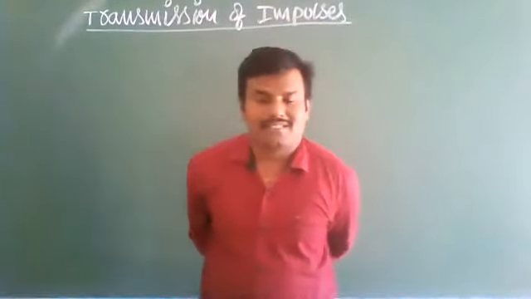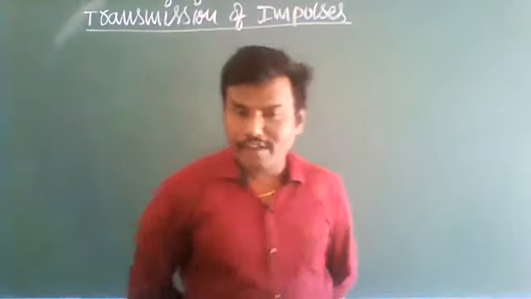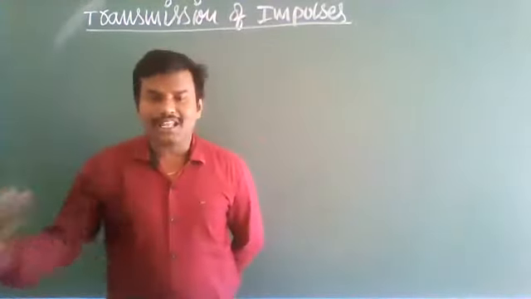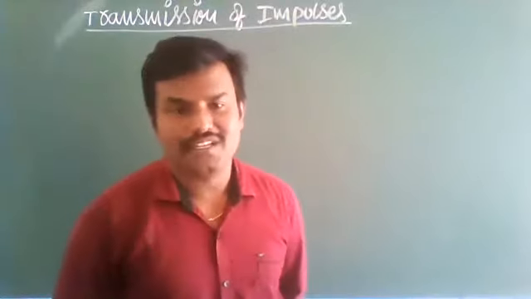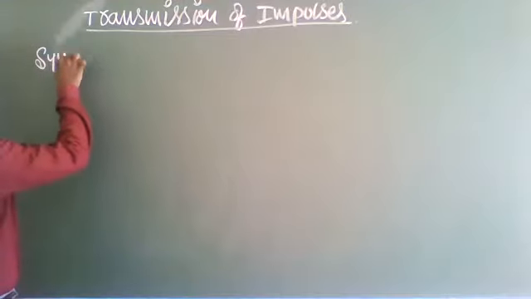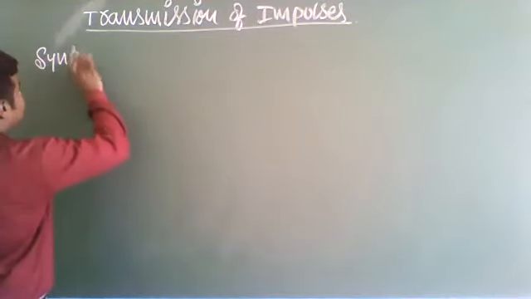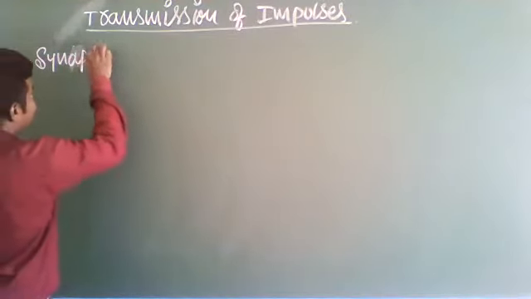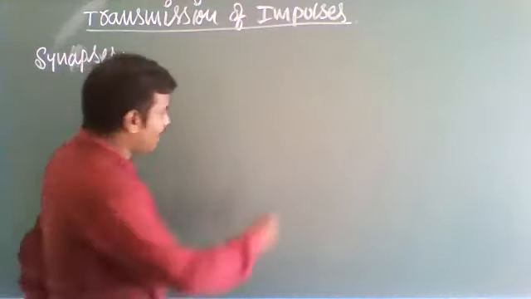A nerve impulse is transmitted from one neuron to another neuron through junctions called synapses.